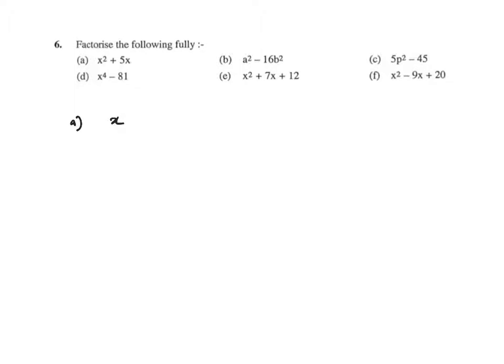Factorize Part A, nice and simple, common factor. Take out x, we've got x plus 5. Part B, and what we have here is a difference of two squares. So what I could do is write the second term as 4b all squared.